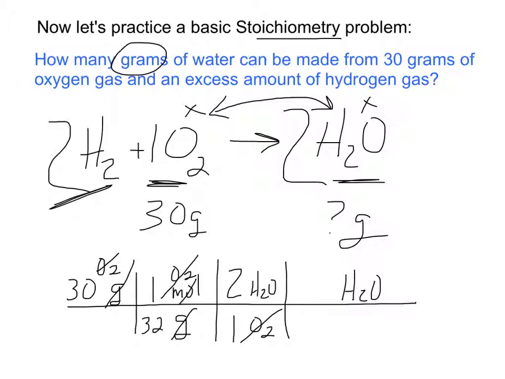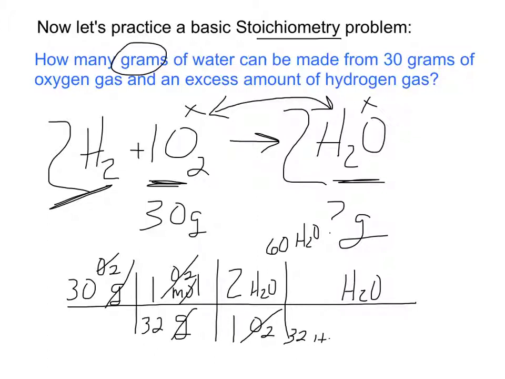So right now I have water left over here. If I was to do my math already, I would say 30 times 1 is 30, times 2 is 60. So we'll just write that up here, 60, and that's water. And down here I got 32 times 1 is 32.